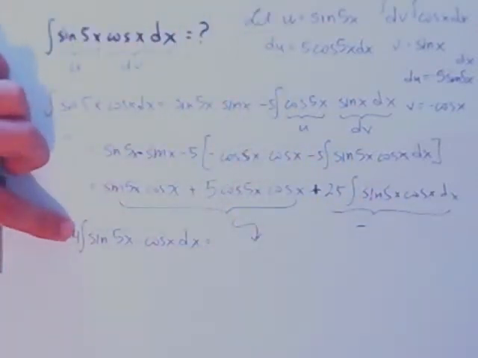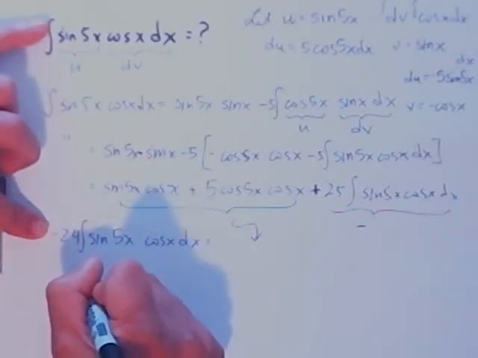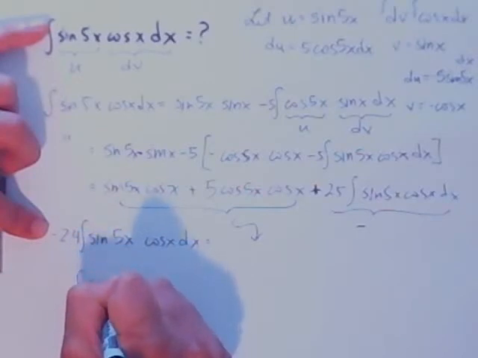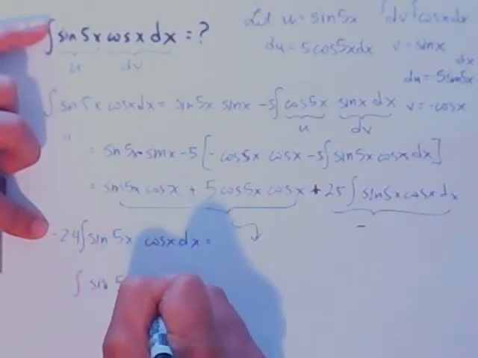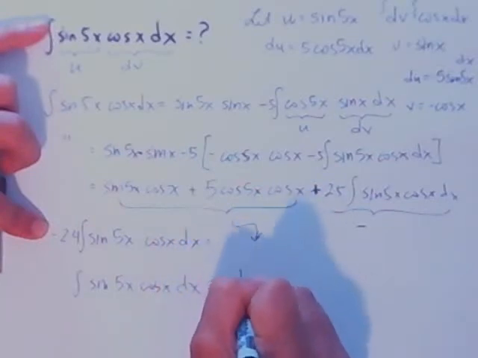To solve for the integral of sine of 5x cosine of x dx, I'm just going to divide by negative 24. So the integral of sine of 5x cosine of x dx is equal to negative 1 over 24 times the quantity sine of 5x cosine of x.